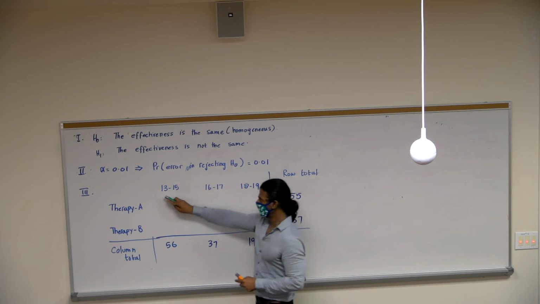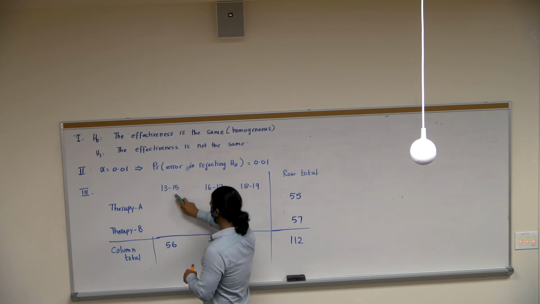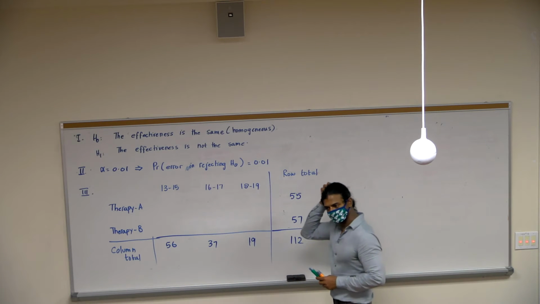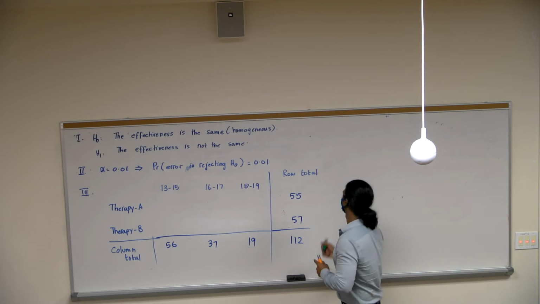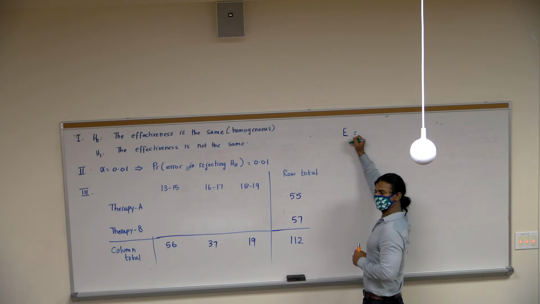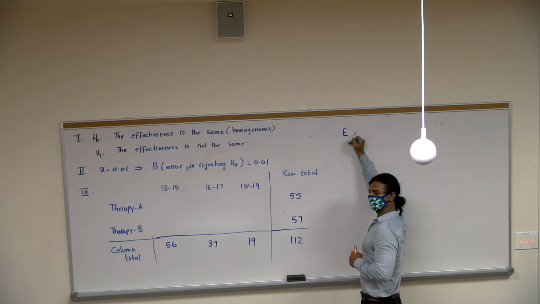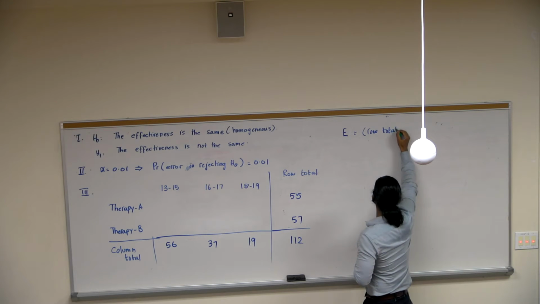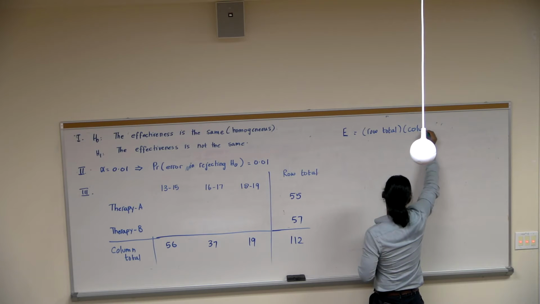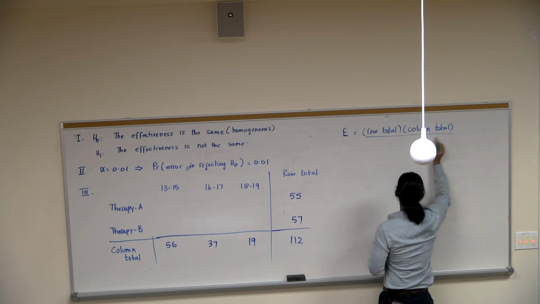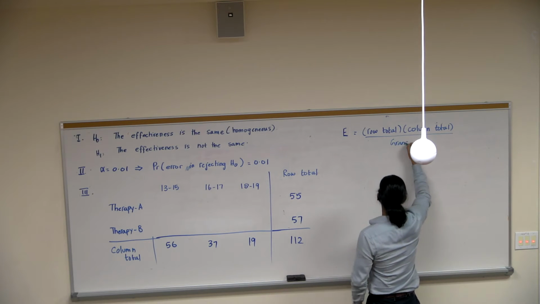Suppose we want it for the age group 13 to 15 under therapy A. The row total times the column total divided by the grand total.